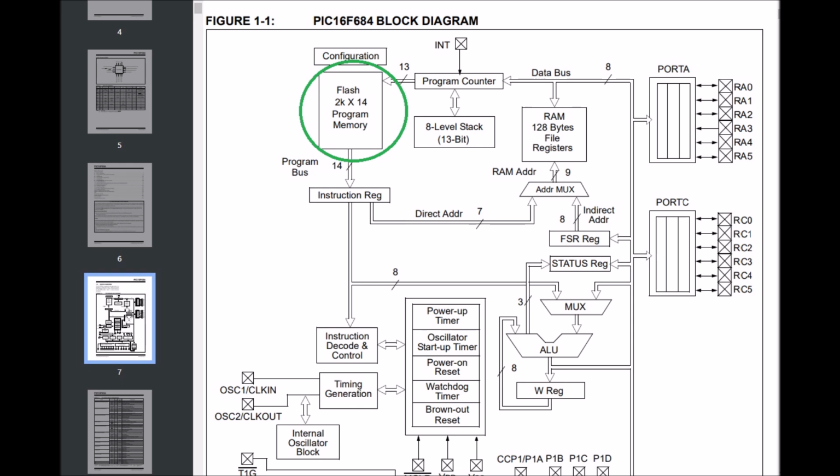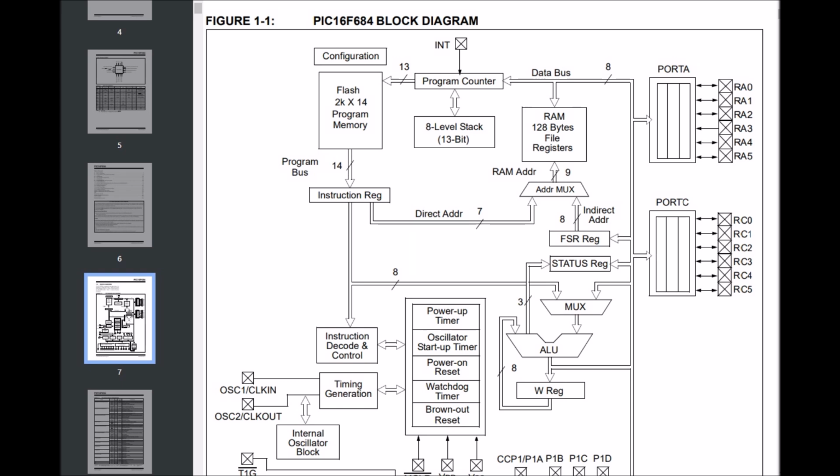In summary, the flash memory in the PIC16F684 is a critical component for storing the microcontroller's program code, offering non-volatile, reprogrammable storage with in-circuit programming capabilities.